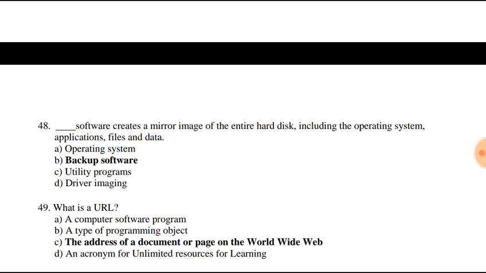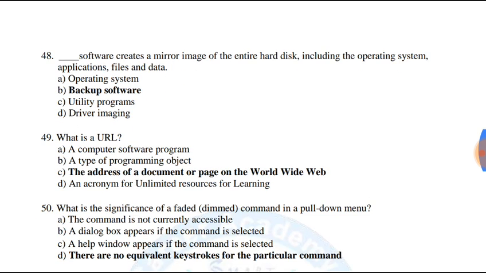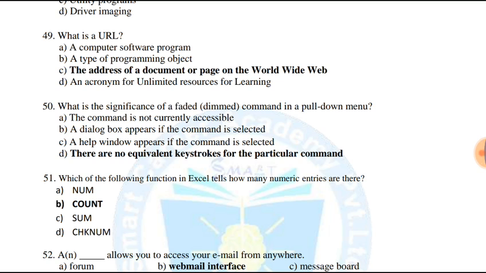It is the backup software. What is a URL? The address of a document or page on the World Wide Web is known as URL. What is the significance of a faded or dimmed command in a pull down menu? There are no equivalent keystrokes for the particular command.